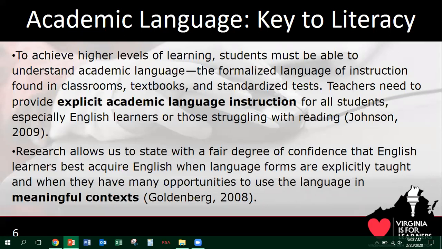And then within meaningful contexts, there's a lot on grammar instruction.